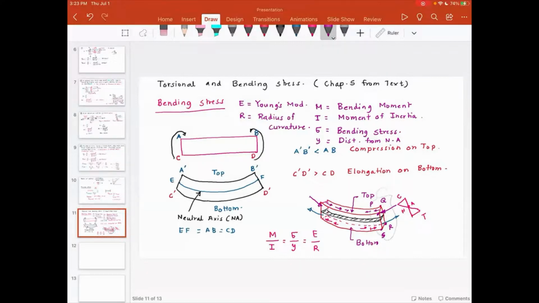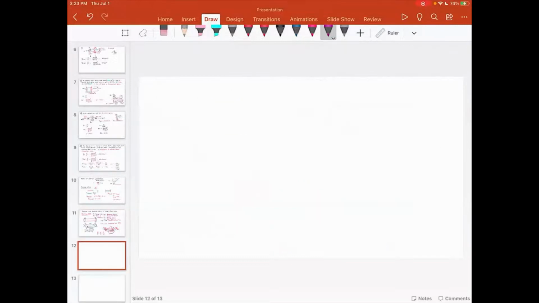Now, what is moment of inertia? Moment of inertia is something called the second moment of area. And I will give you the expression for the moment of inertia for a rectangular cross section. So you have this rectangular cross section, and say this is the neutral axis, or the moment is about this neutral axis.